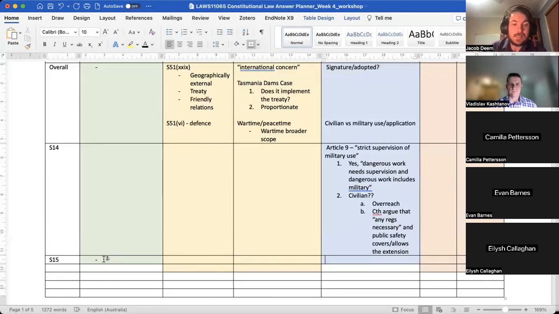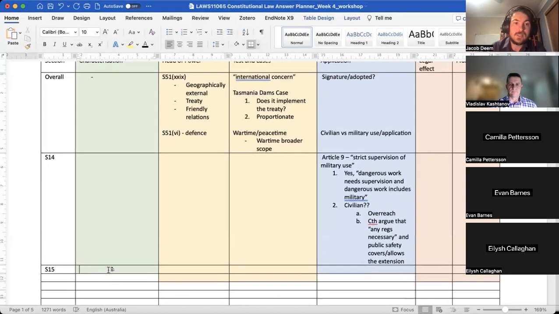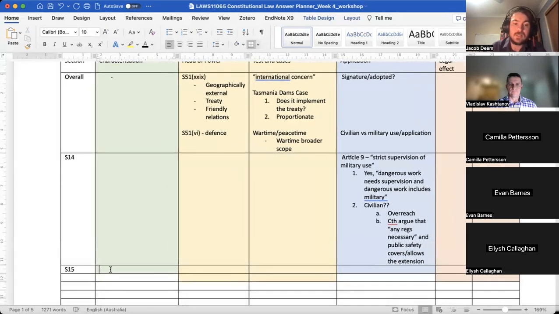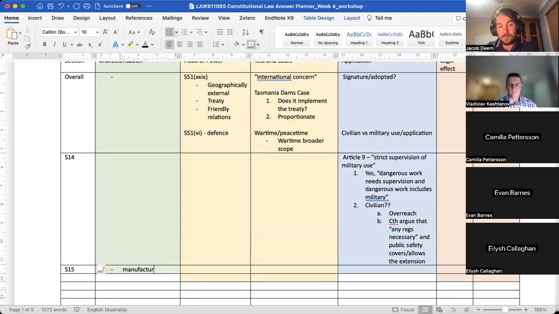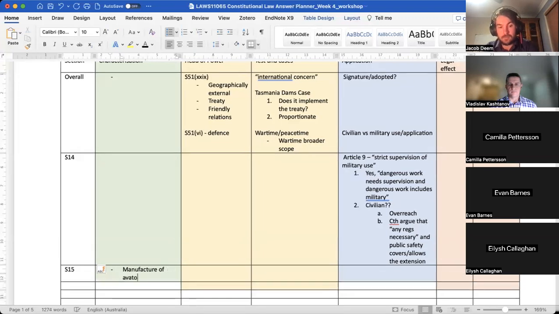So let's start with characterization then. What does section 15 do? What's it about? It allows the Minister of Defence to establish like an avatar factory so that they can manufacture them for civilian, military, or commercial use.